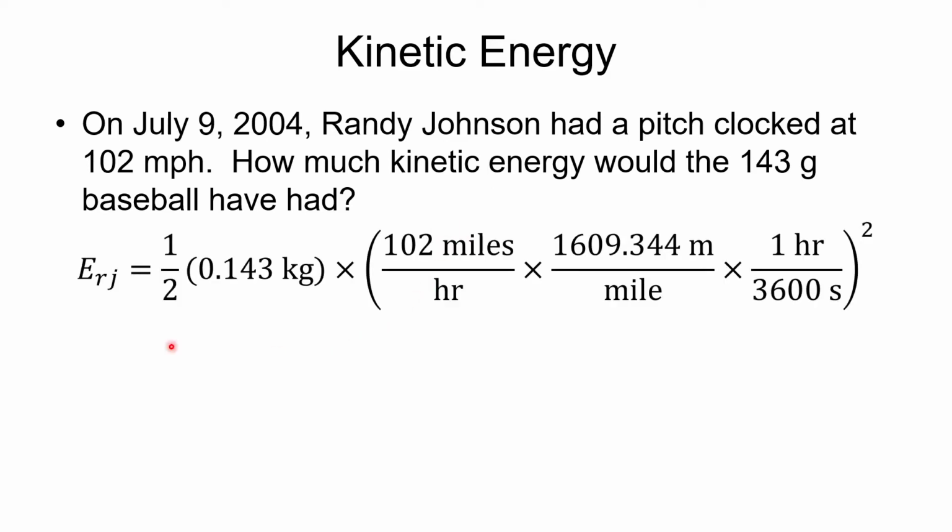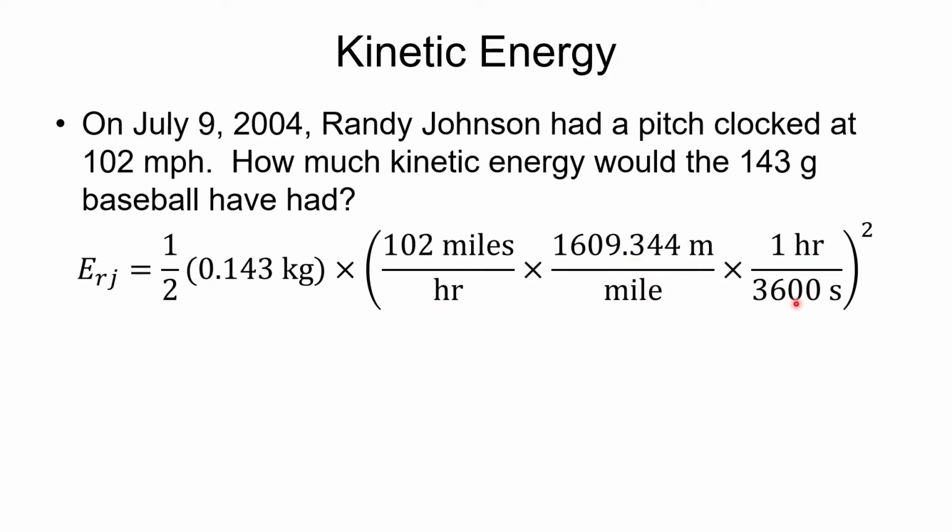All right, well, the energy, RJ, Randy Johnson, is equal to 1/2 the mass times the velocity squared. Here is our mass. We do need to convert that mass into kilograms. And here is our velocity at 102 miles per hour. And then we want to convert the miles into meters, and again, this is given on the back of your periodic table.